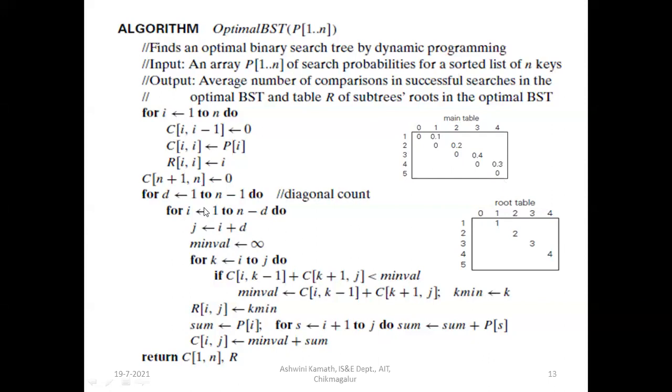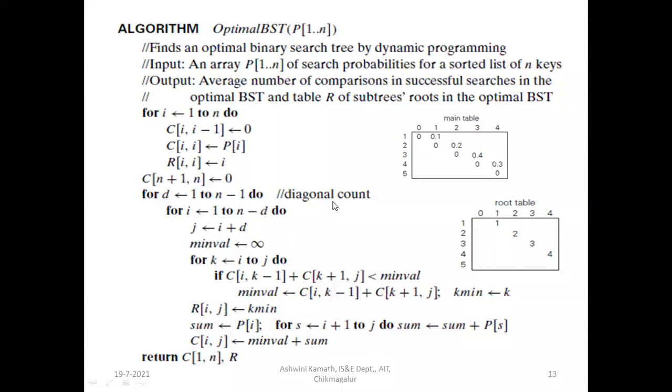For D is equal to 1 to n minus 1 do, that is we have to get the diagonal count and upper elements of the diagonal element. Upper triangular elements in the table we have to find out.